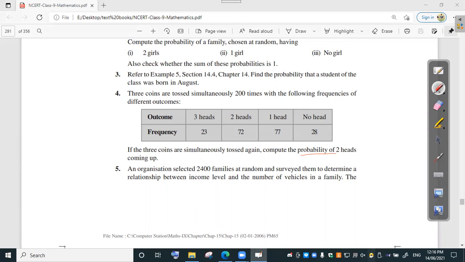We have to find the probability of two heads. So two heads is 72. They have asked only the probability of two heads. So we can write here two heads will be equal to 72 upon 200. That means 2 3s are 6, 2 6s are 12, so 36 upon 100. Again 2 1s are 2, 2 8s are 16, 2 5s are 10. Again 2 9s are 18, 2 2s are 4, 2 5s are 10. Okay. So directly we can find it, very easy.